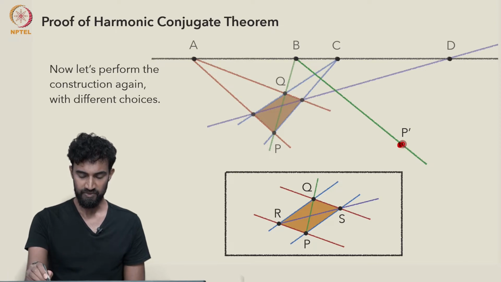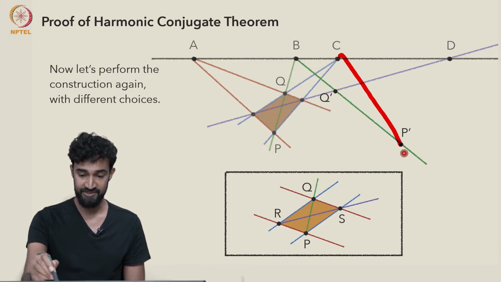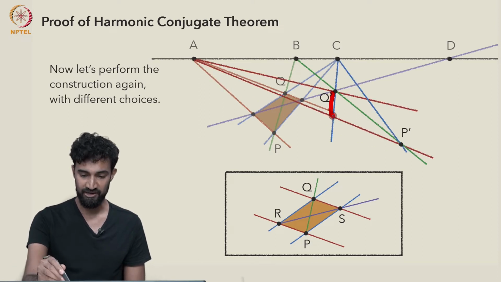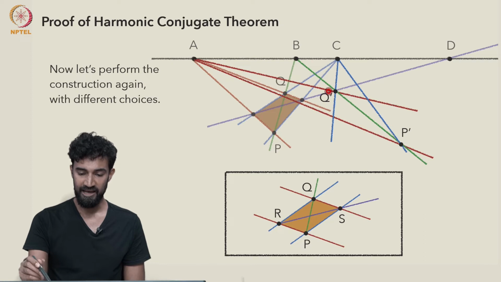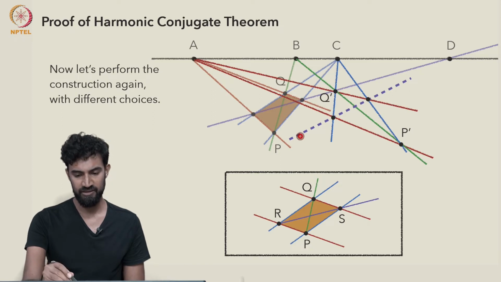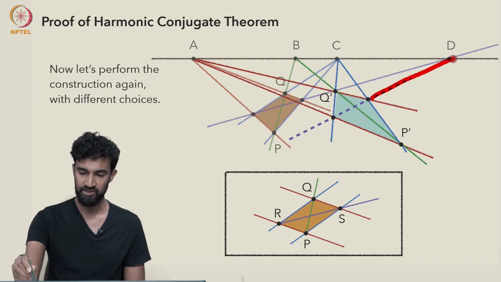So here's another point P prime. Here's another point Q prime. We connect C up to those, and we connect A up to those to get our new quadrilateral. And now we have our new points R prime and S prime, and look at their diagonal. If the theorem is true, that diagonal should intersect the same point D, and it looks like it does.